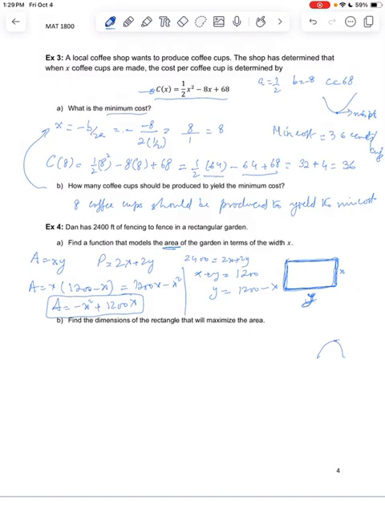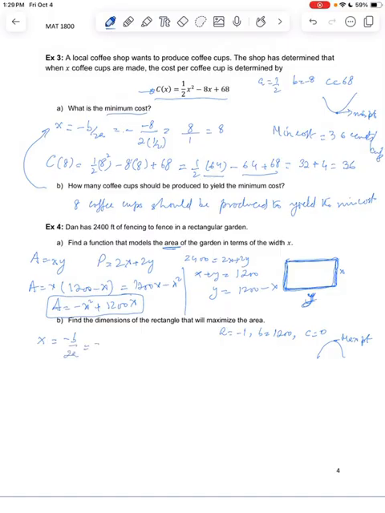So starting with the x coordinate again, let's write our a, b, c. So a is -1 and b is 1200 and c is 0. So x will be minus b over 2a, so it will equal negative 1200 over 2 times -1.